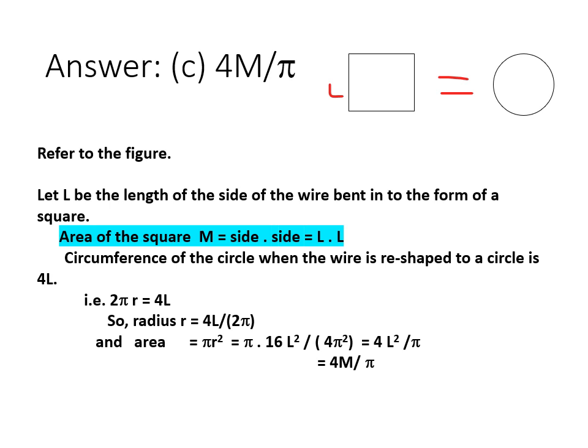So pi into 16L square divided by 4 pi square, that is equal to 4L square by pi. But L square is the area of the square represented as M. So the area of the circle will be 4M by pi and is given as the third option.